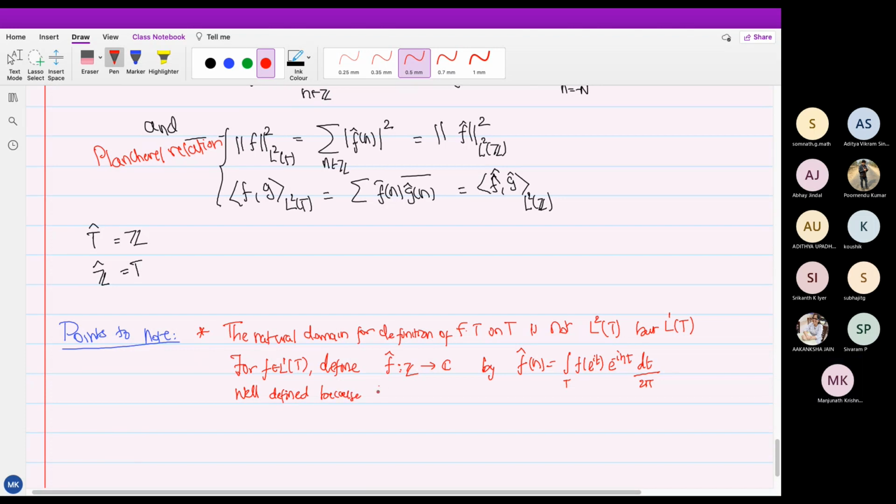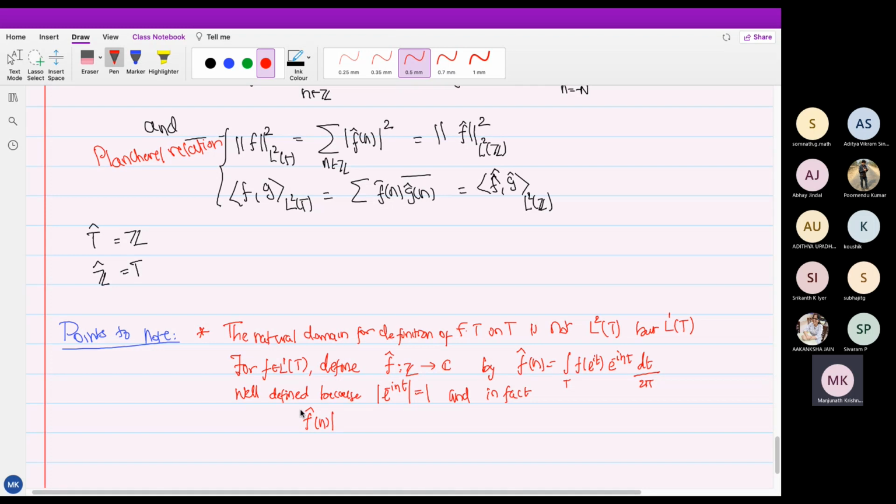In fact, for later purposes, we can see that it is bounded.